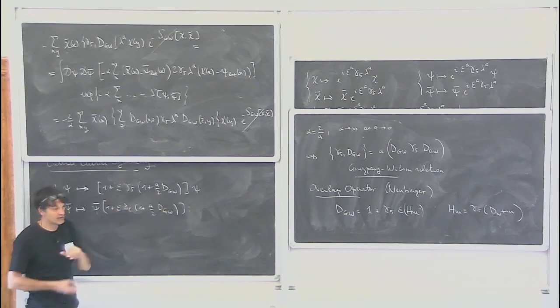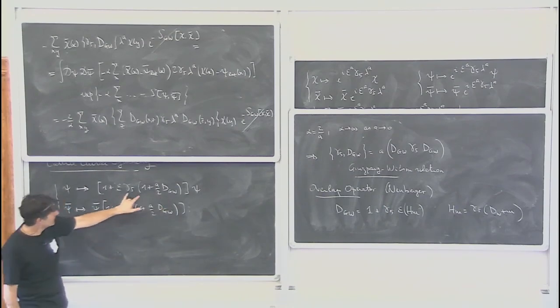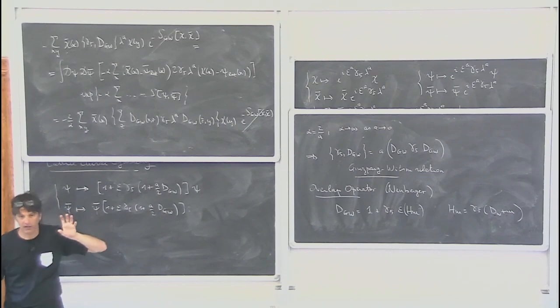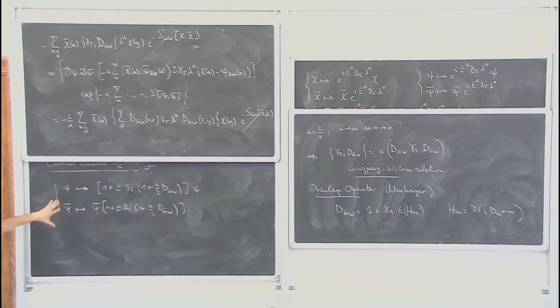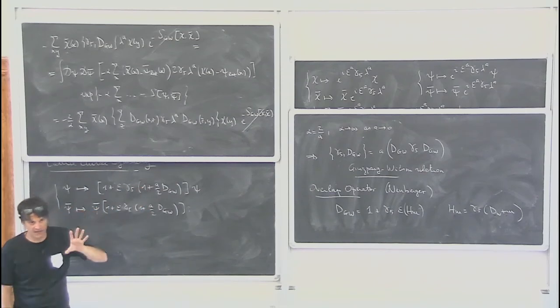Epsilon gamma 5 times psi. Okay? So again, it's a modified symmetry, and the modification is of order a. Okay? So in a sense, it's a very natural generalization of chiral symmetry to the case of a discretized theory, but it's extremely powerful because this is an exact symmetry.